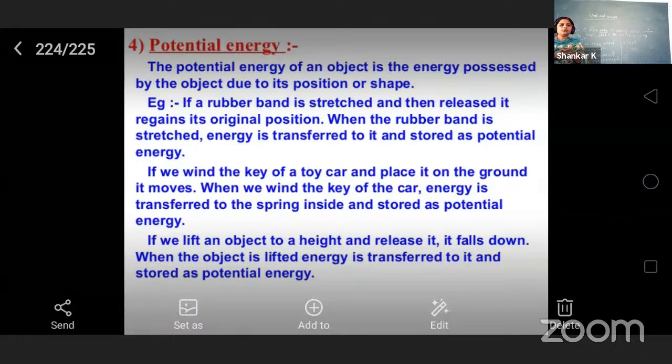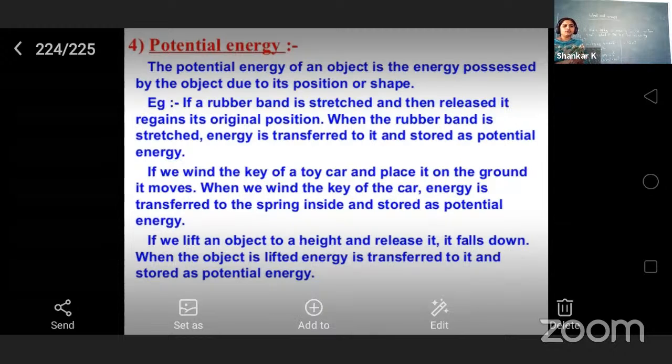Another example is that if we wind the key of a toy, for example a train toy or animal toy, when you give key for them, they travel for some distance and then stop. When you wind the key of the toy car and place it on the ground, it moves.